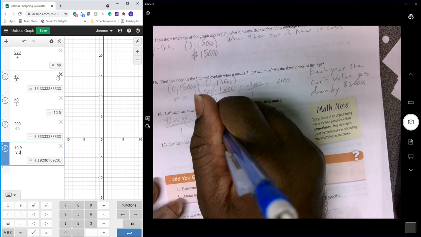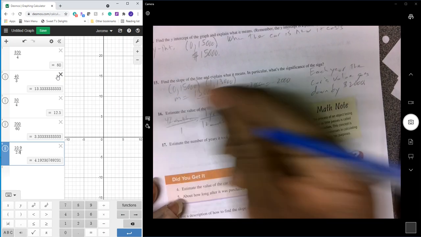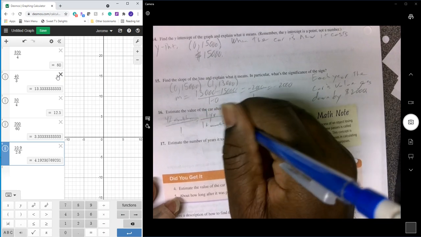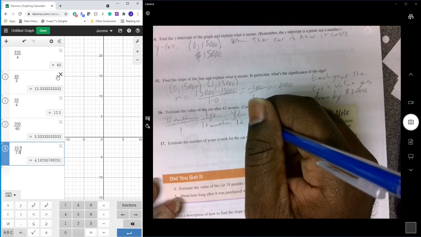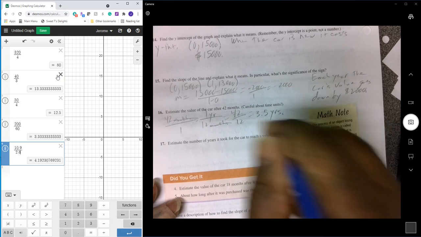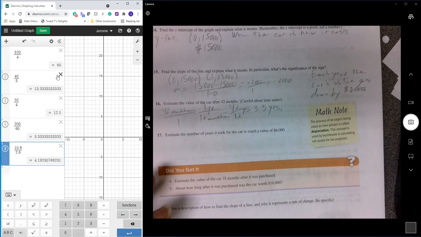It takes 12 months to equal 1 year. The months will simplify out, and we will have 42 over 12. When we simplify this, 42 divided by 12 gives us 3.5 years.